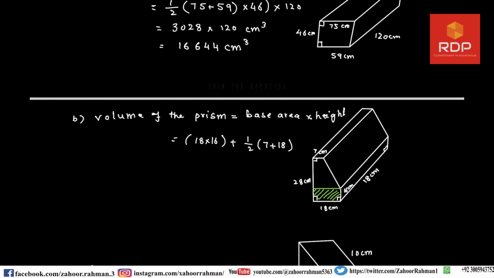You have to subtract this 16 from this 28. So when we subtract 16 from 28, the height in this case is equal to 28 minus 16, and that will be 12. So we write 12.